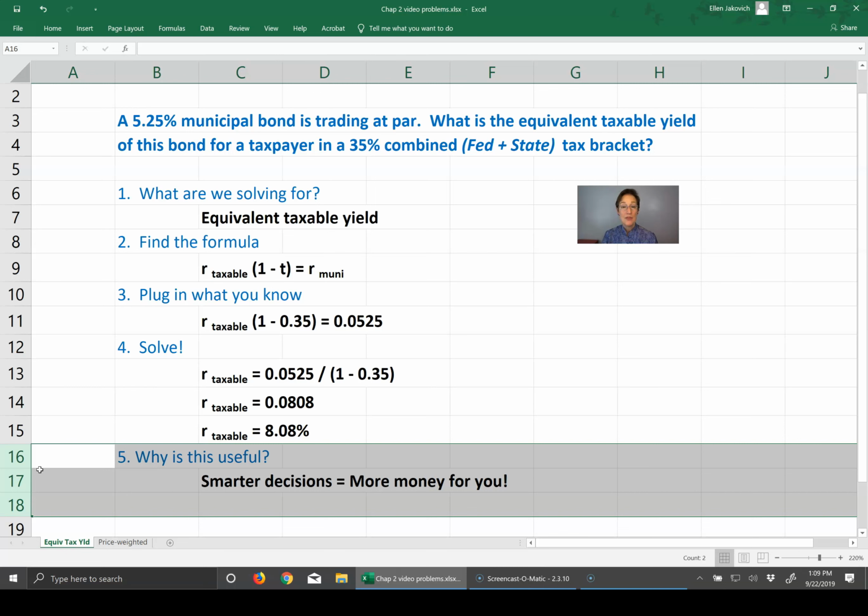So if you find a 7% corporate bond, you should not get it. You would do better to have a 5.25% municipal bond because you get to keep more. On that 7% bond, you're going to lose 35% of it to the government. Not good. So basically, any bond over 8.08% is a better deal than the municipal bond.